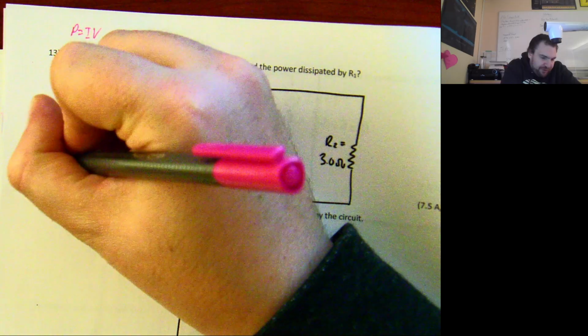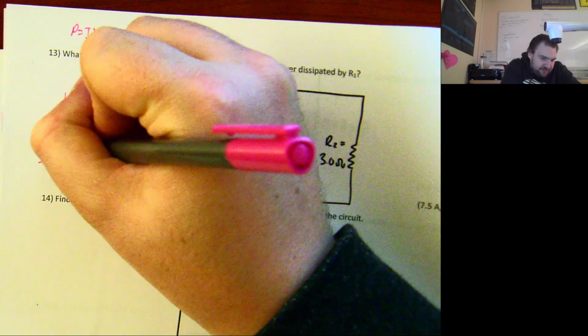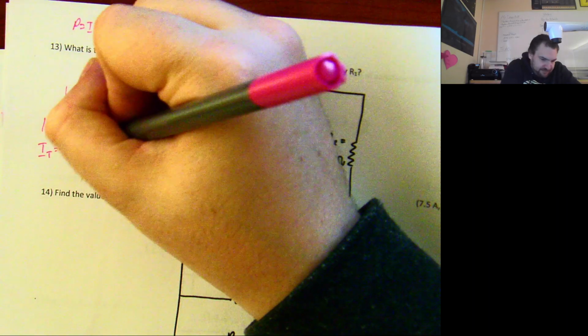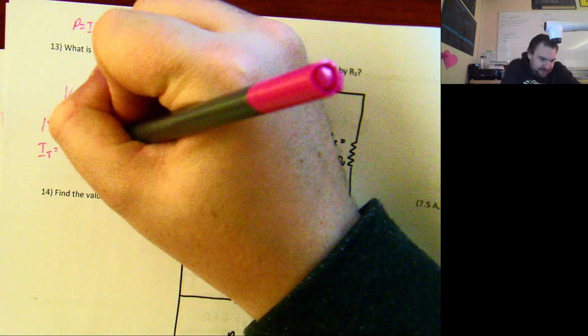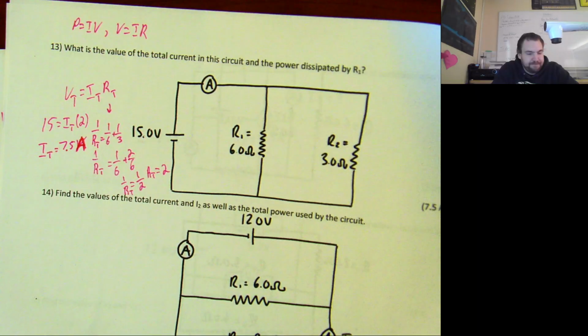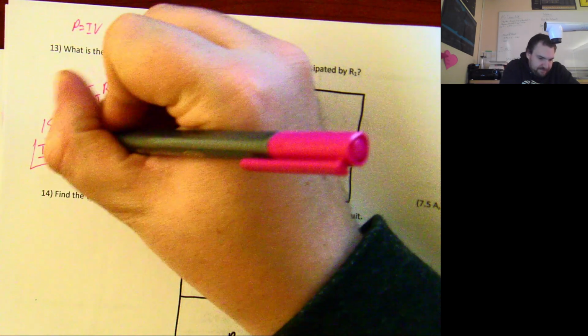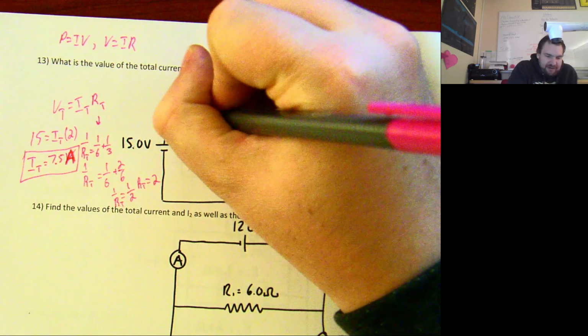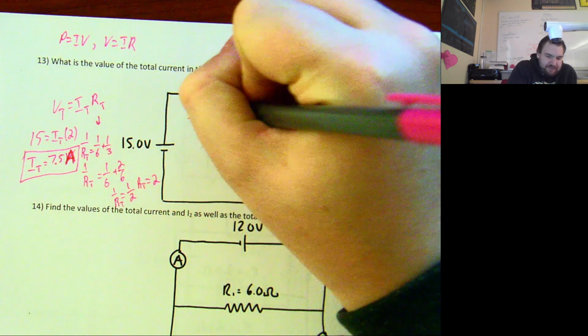So my total current is 7.5 amps. Okay, so what now? So I can add that to my diagram. I right there is 7.5 amps.